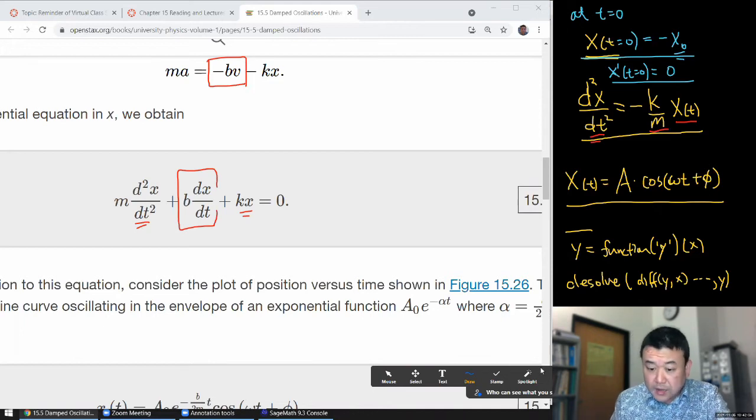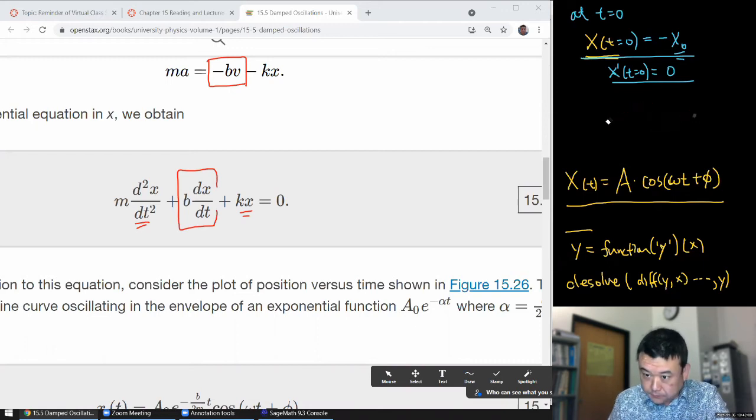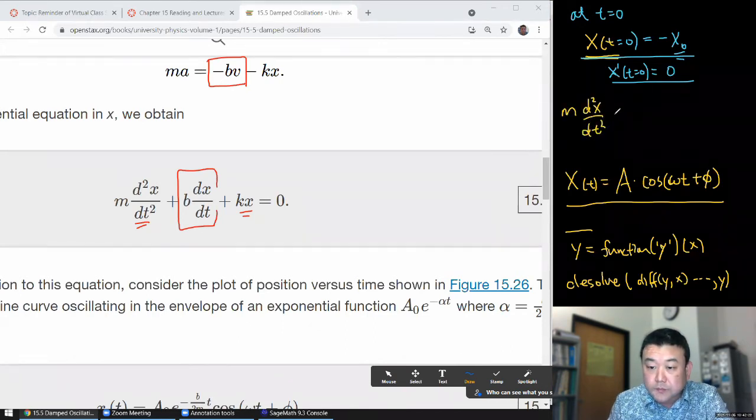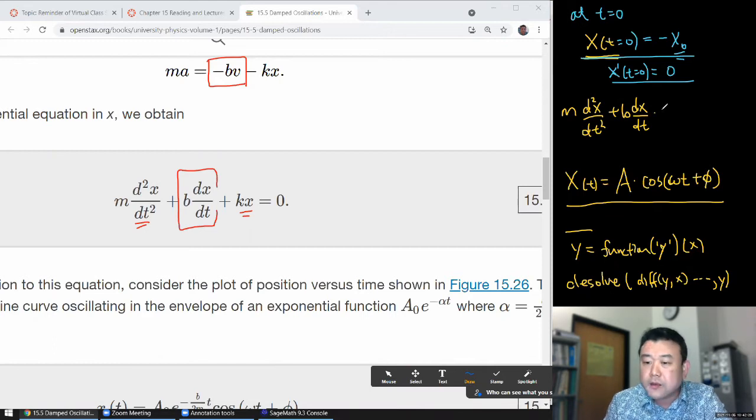So let me copy over that form of the equation of motion, and we'll work out the solution for this damped simple harmonic oscillator. Second order derivative plus this first order derivative, and I think b is meant to be positive, plus kx is equal to 0. So this is my damped simple harmonic oscillator equation of motion.